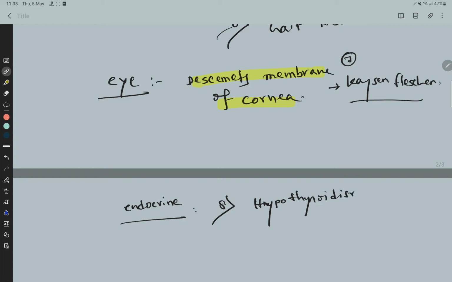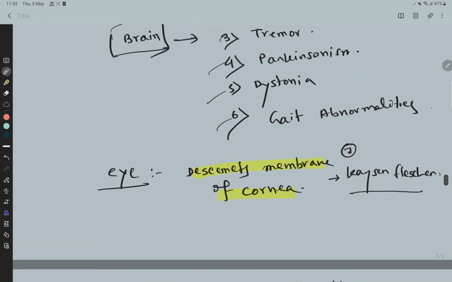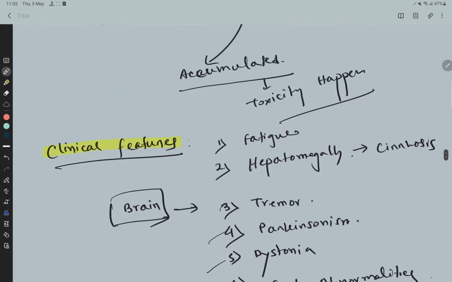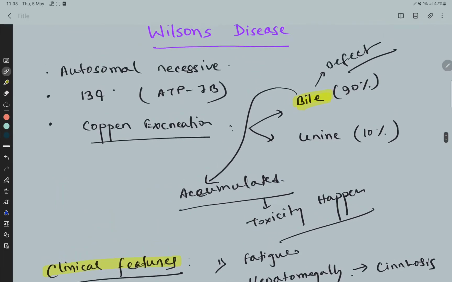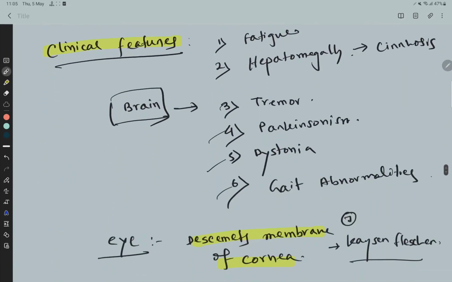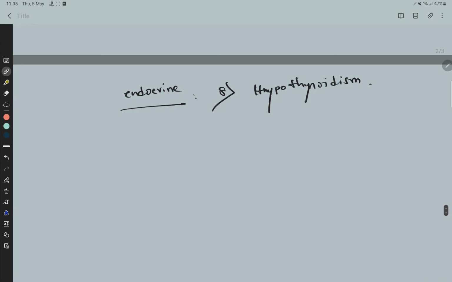Hypothyroidism can be seen, and copper actually accumulates in all the body parts, so all the parts will be affected, like the renal part, then joint pain, then gynecological problems, and bone marrow problems are also seen. Those are all the clinical features, but these are the main ones. Sometimes the patient remains asymptomatic.